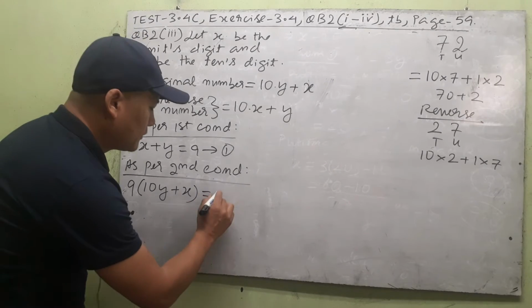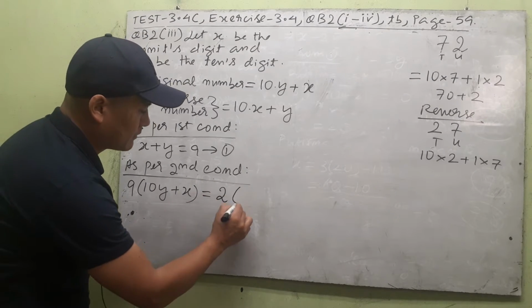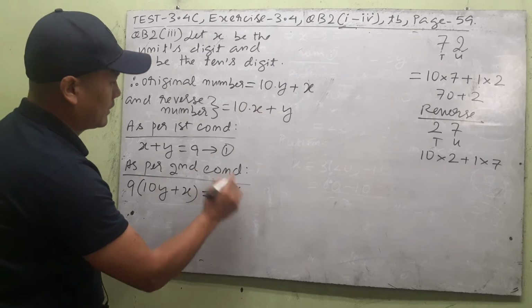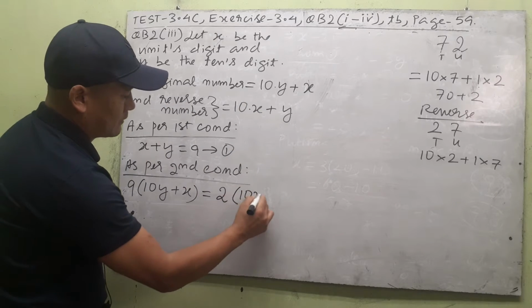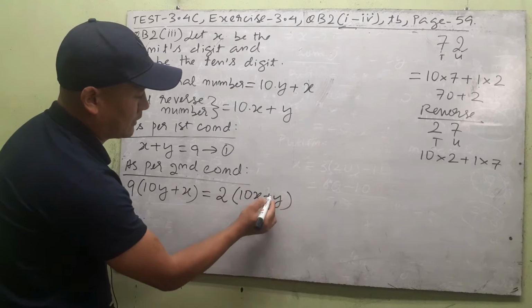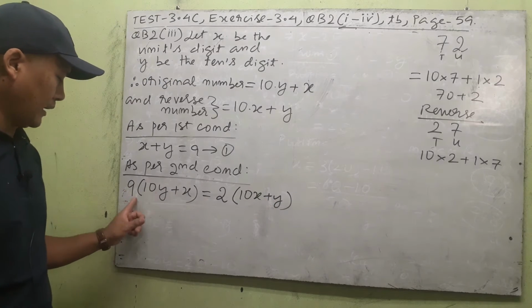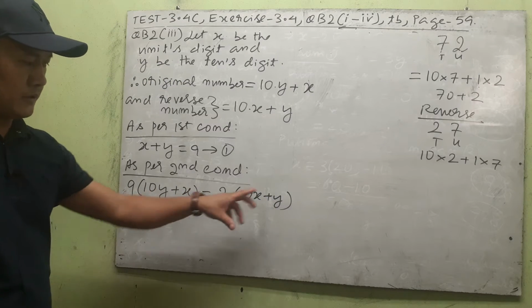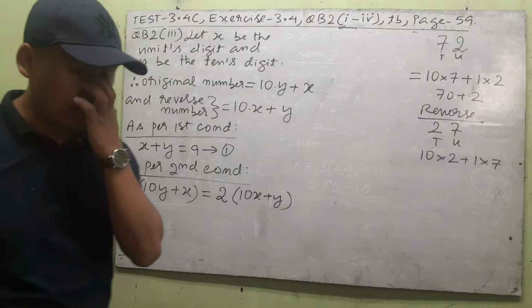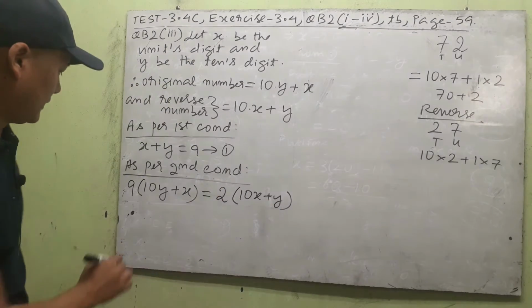So 2 times the reverse number, that means multiplied to 10x plus y. So we have here this second condition.